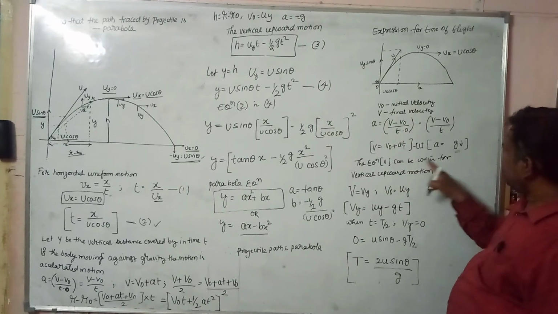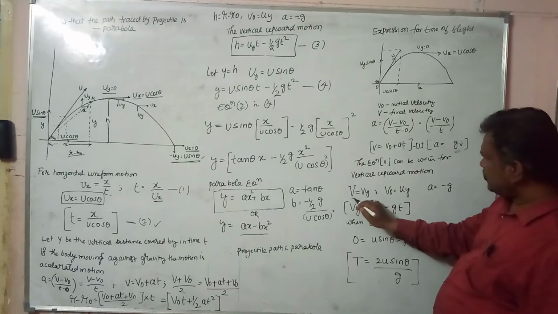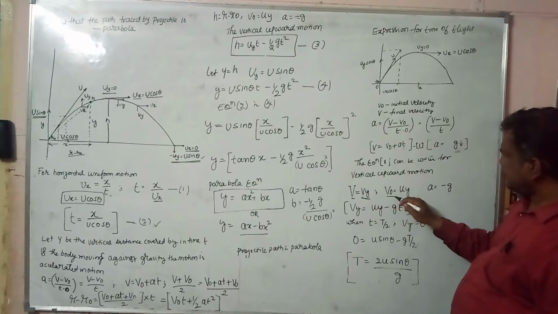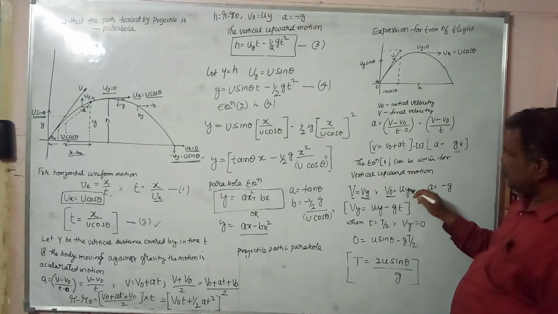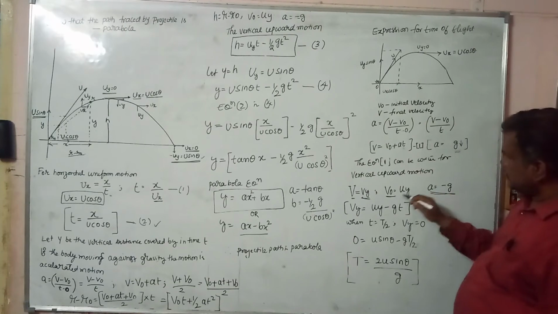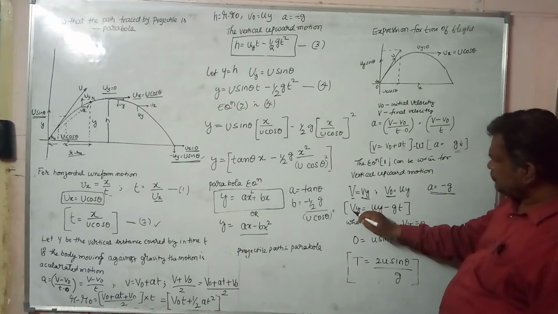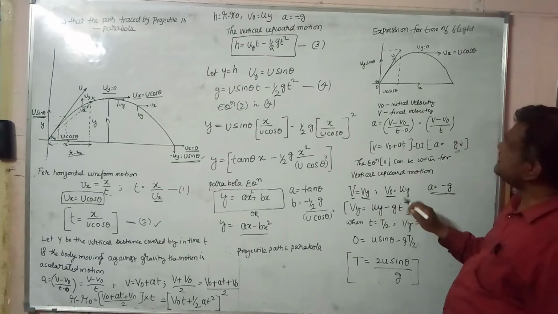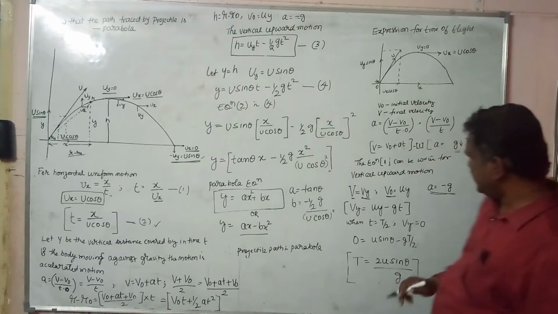So equation 1 can be written for the vertical upward motion: V is equal to Vy, that is the vertical component. Initial velocity V0 is equal to uy, the vertical component. A is equal to minus g. Here you will get Vy is equal to uy minus gt, a similar equation to what we have written here.